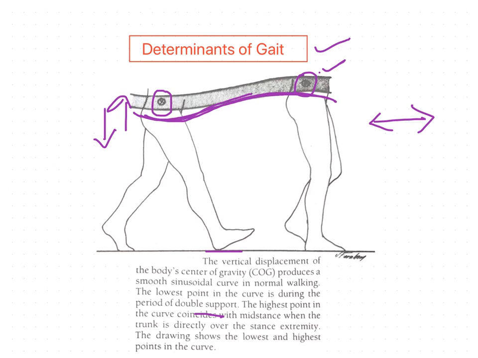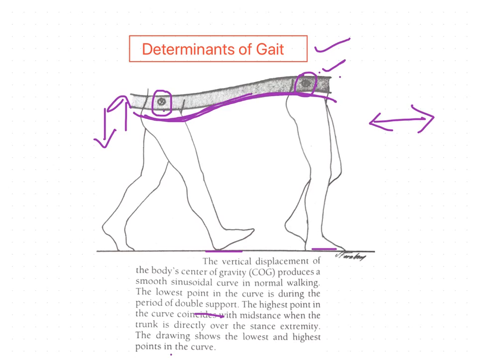This is the mid stance position, where the COG is at its highest point in the gait cycle, when the trunk is directly over the stance extremity. The drawing shows the lowest and highest points in the curve.